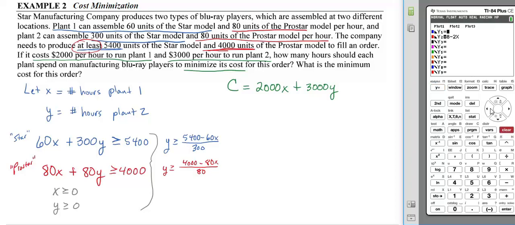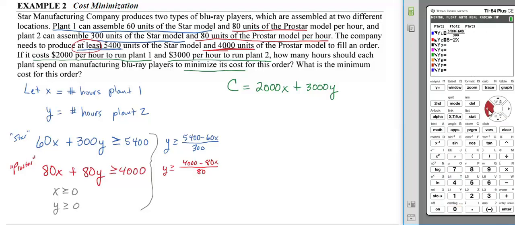All right, let's get our shading fixed. We want to shade above because we want y to be greater than, and then we can put our function in there. There we go.